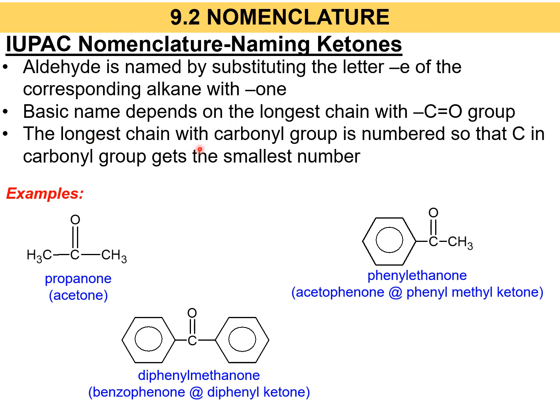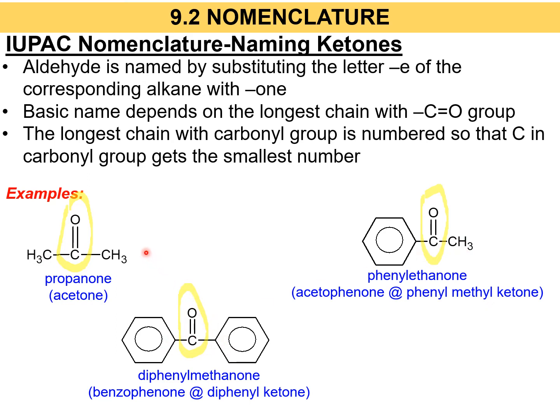The longest chain with the carbonyl group is numbered so that the carbon in the carbonyl group gets the smallest number. Here are some examples of organic compounds with ketones. As I told you, the ketone is usually in the middle because it is flanked by 2 alkyl groups. It cannot be at the end. An aldehyde is at the end, but a ketone is in the middle because it must be flanked by 2 carbons.